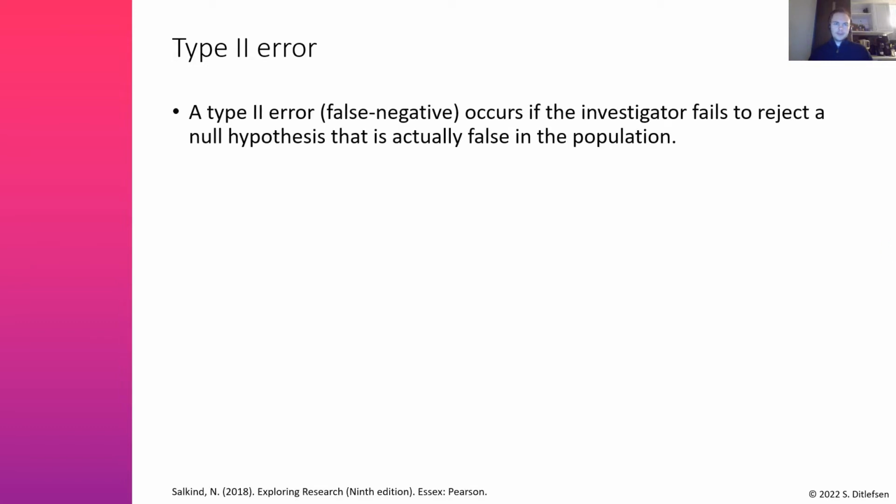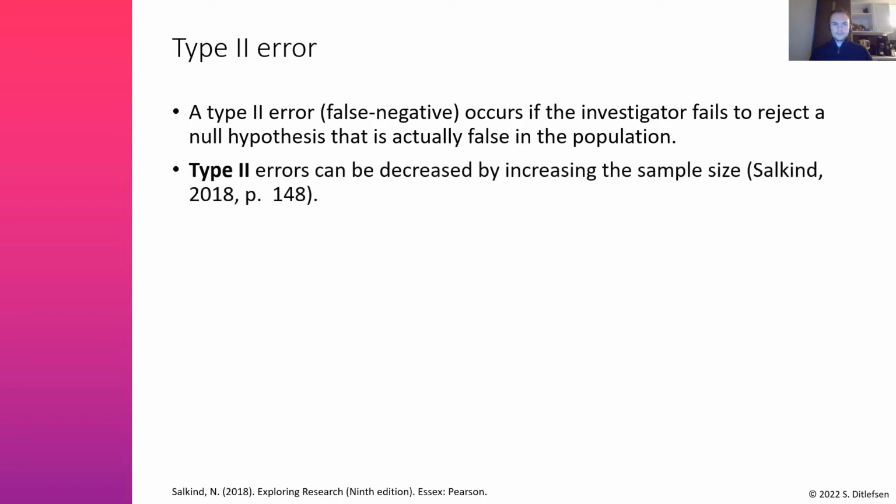Type 2 error, false negative, occurs if the investigator fails to reject a null hypothesis that actually fails. So type 1, think of true. Type 2, think of false. And type 2 errors can be decreased by increasing the sample size. And type 2 error is written like a beta.